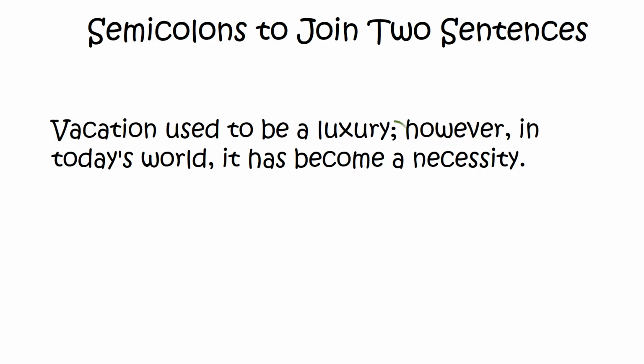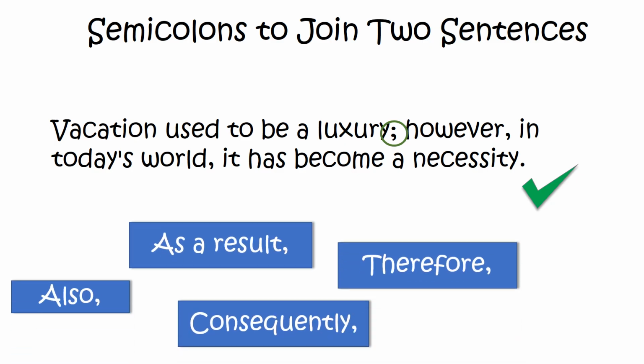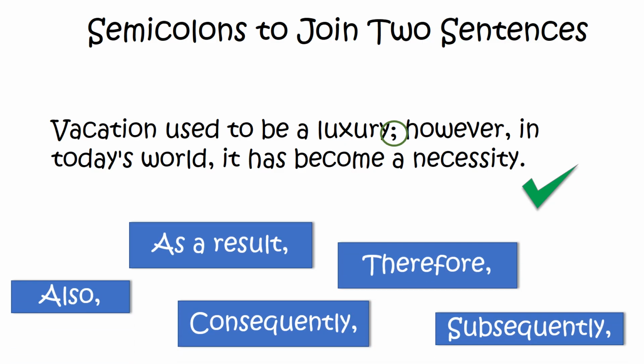Here it is again with a semicolon. And a semicolon gives a smoother transition from sentence 1 to sentence 2, and that's correct. However is the most common transitional phrase, but there are others. As a result, consequently, therefore, also, subsequently, and it is very common to see these preceded with a semicolon.